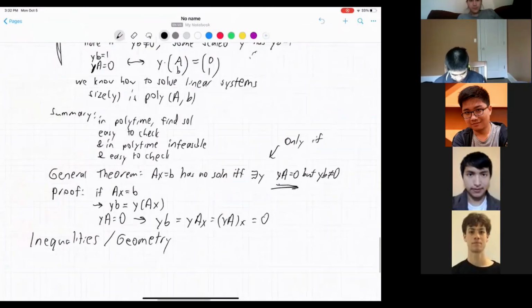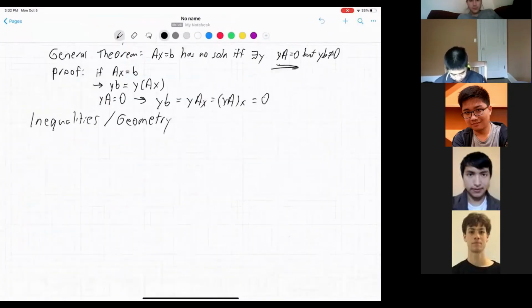Good. All right, so now we're going to talk about the geometry of systems of linear inequalities. And linear programming in general is working in n dimensions, but I don't have an n-dimensional blackboard, so we're going to be using a lot of pictures of the two-dimensional version.